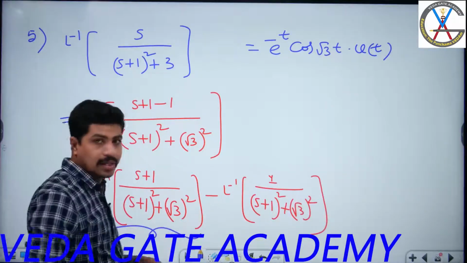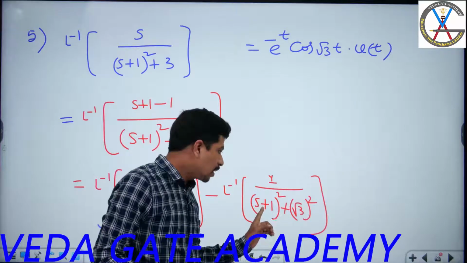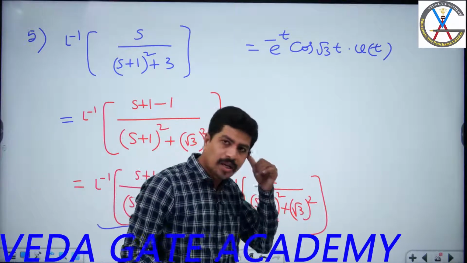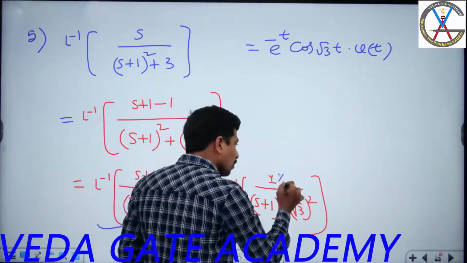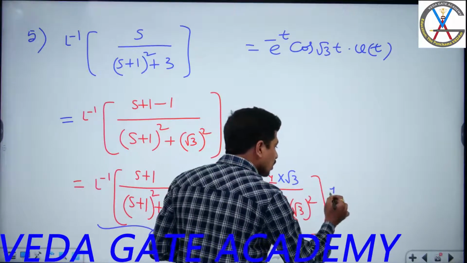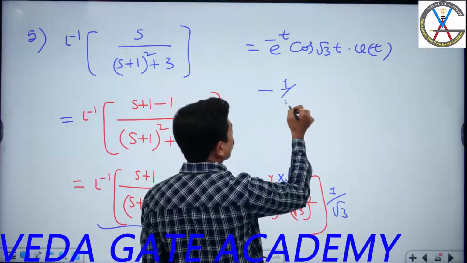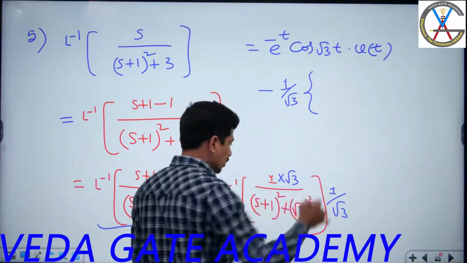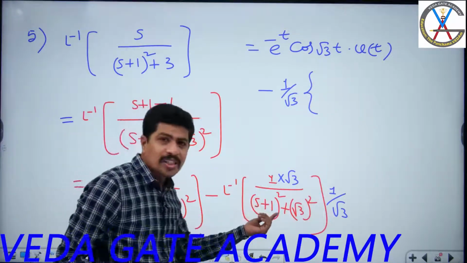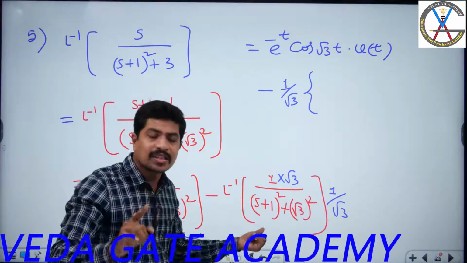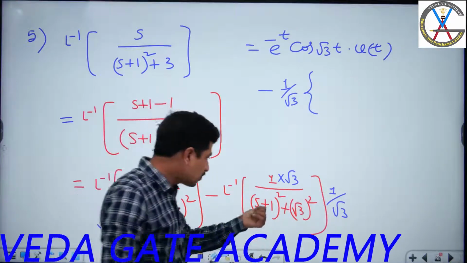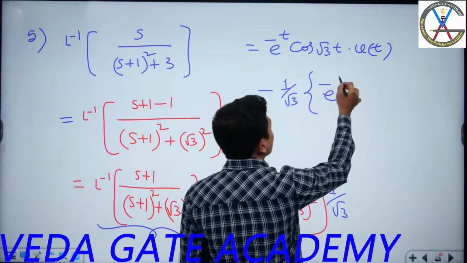In the second part, omega by (S square plus omega square) should be there, but there is no omega here. Multiply with omega and divide with omega. I am writing here minus 1 by root 3 into... here how many S terms do we have? Only one S term, and it has shifting. Because of that shifting, we will write e power minus t.